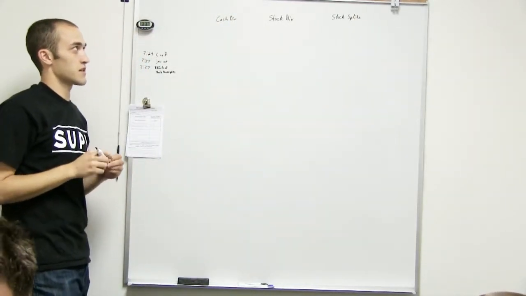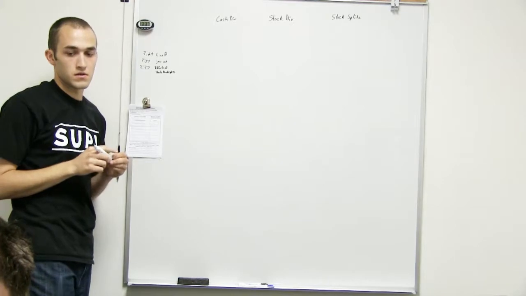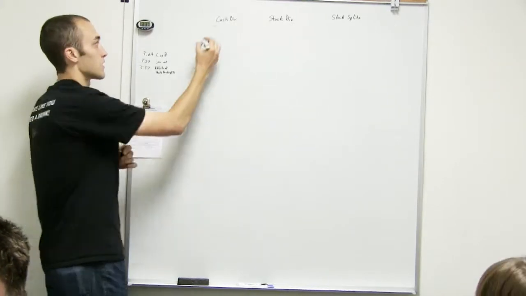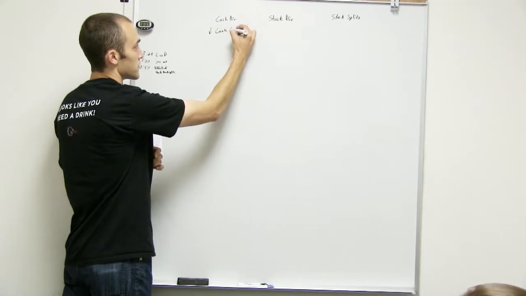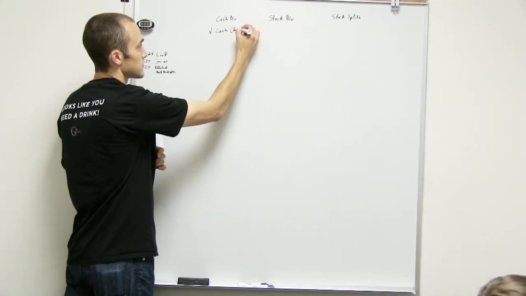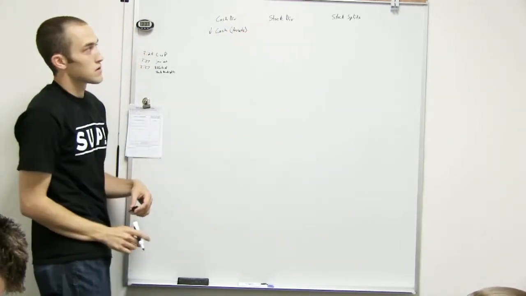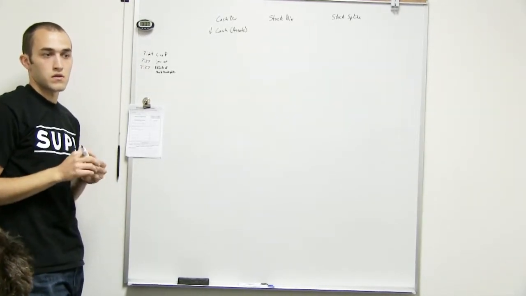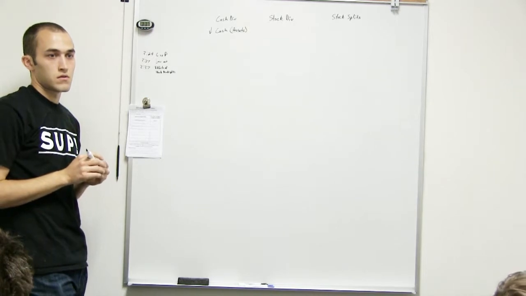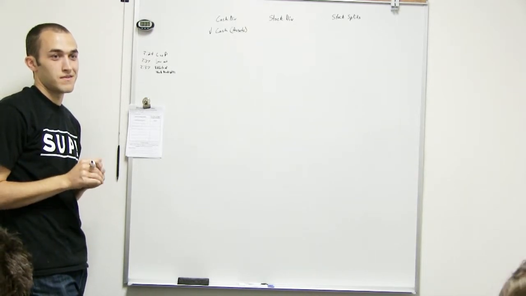So what gets affected by a cash dividend? Cash. So we're gonna decrease our cash, or in other words, our assets. What else are we gonna affect? Stocks.